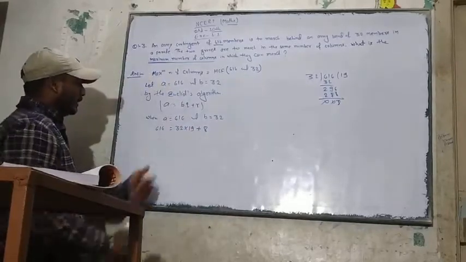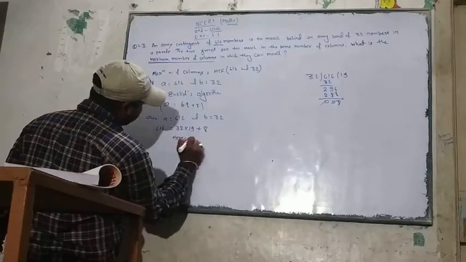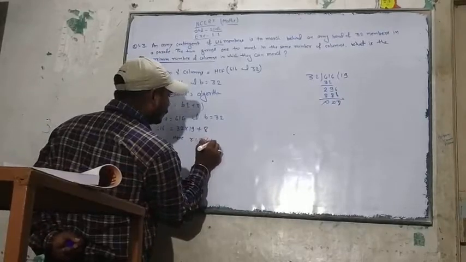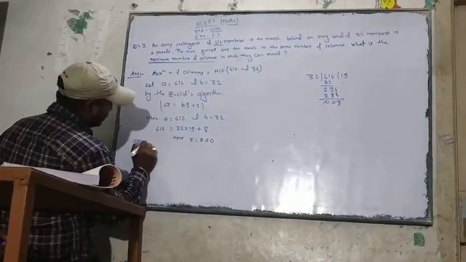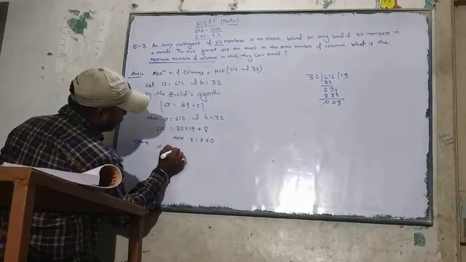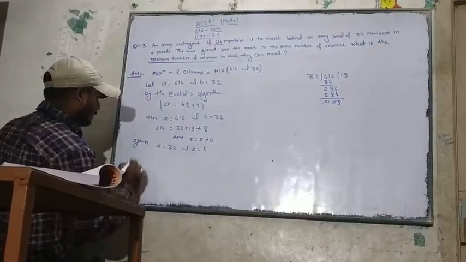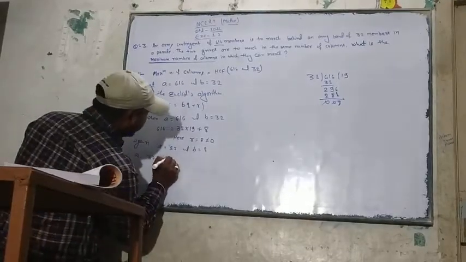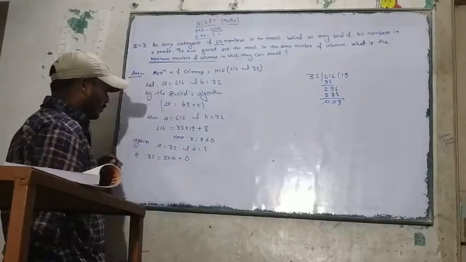Okay? Here R is equal to 8. That is not equal to 0. Again, A is equal to 32 and B is equal to 8. So 32 is equal to 8 into 4 plus 0.